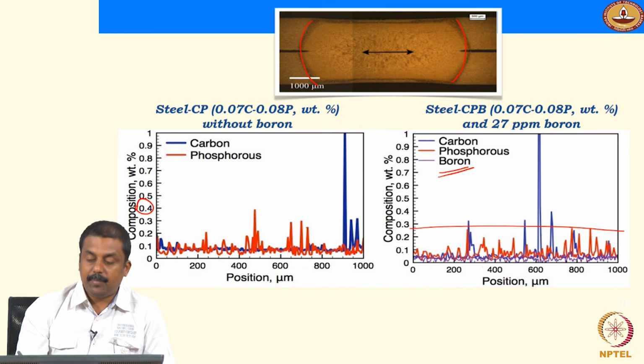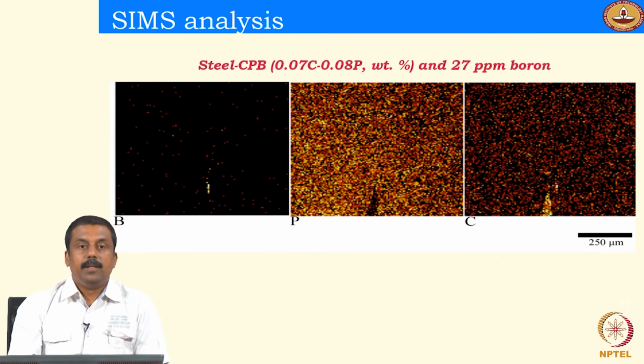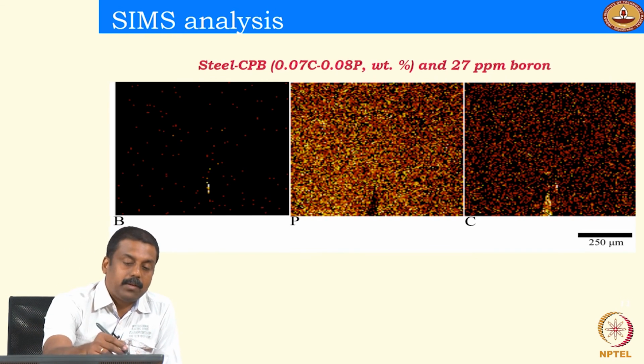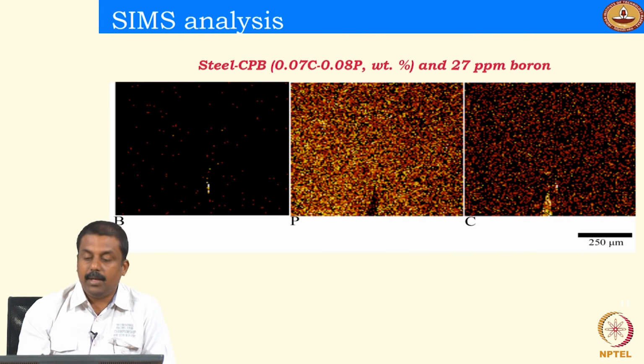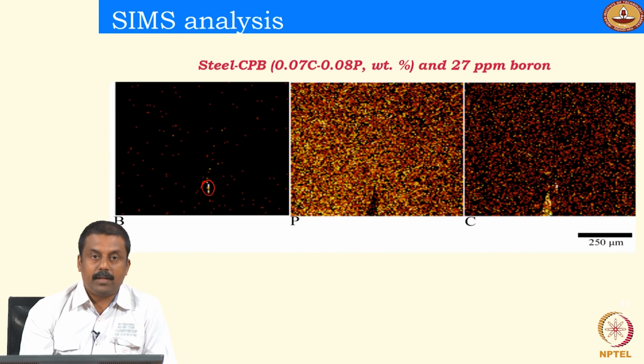We can play around now with the chemistries to avoid the formation of the brittle grain boundaries. You can also see the same observations using secondary ion mass spectroscopy, where you can see the elemental distribution clearly. If you look at the central line, you see one point of boron segregation.